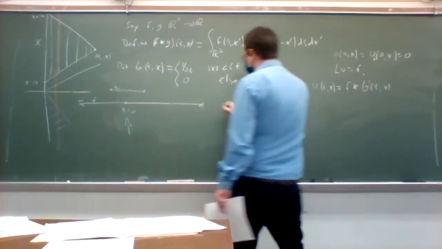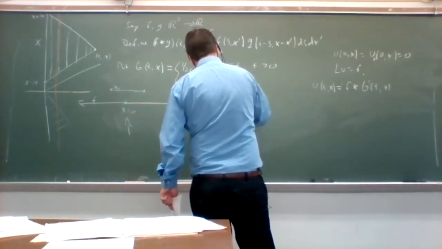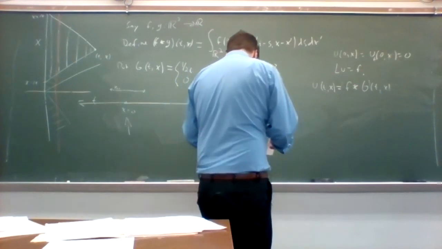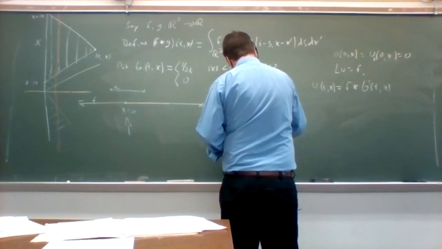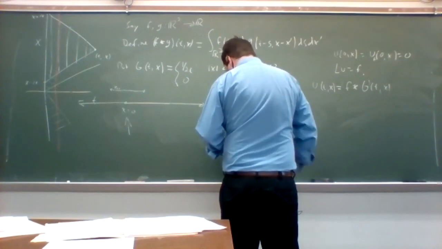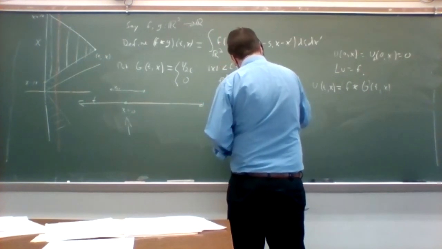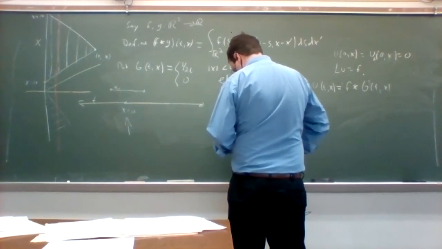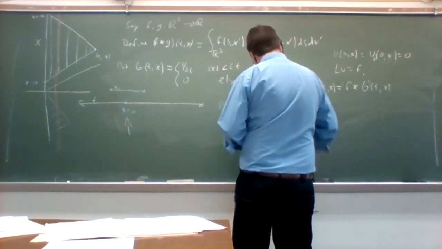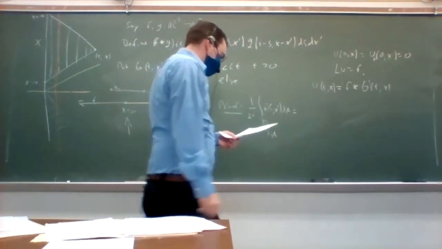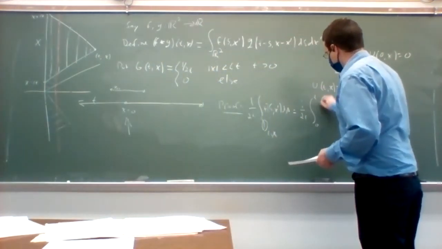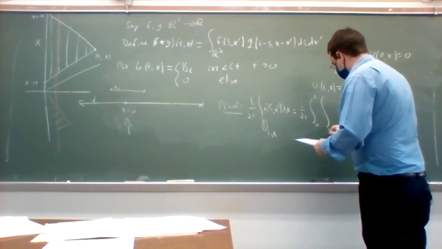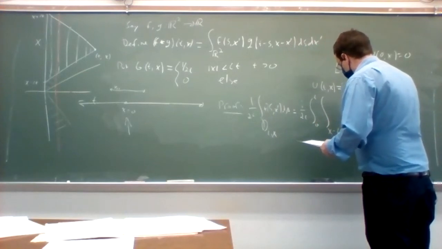And so the proof: I can just write down the solution u(x,t), which I know is 1 over 2c, integrating over this domain of dependence, f(s, x'). And if I write down exactly what that is, remember this is 1 over 2c, integrate from 0 to t, integrate from x minus c(t minus s) to x plus c(t minus s).